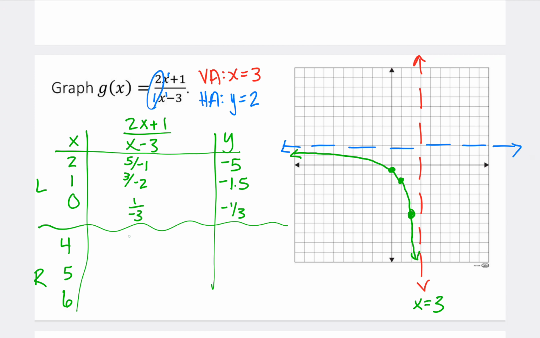If I plug in a 4, I get 2 times 4 plus 1, that's 9, over 4 minus 3, that's 1, so (4, 9). When I plug in 5, I get 10 plus 1 is 11 over 5 minus 3, which is 2.